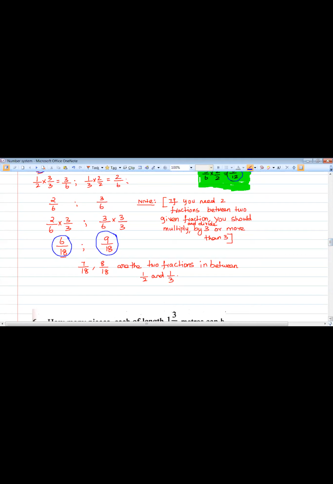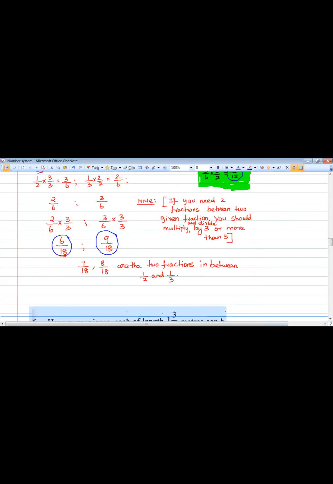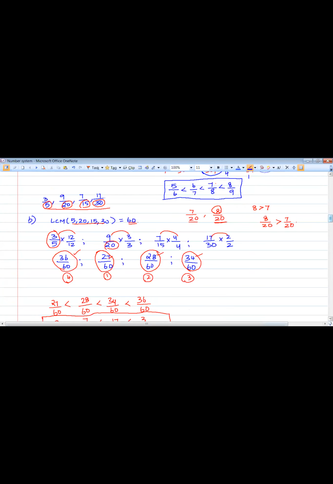We can multiply by 4 also, or by any number. So no problem at all. Let me increase the writing space for this question.